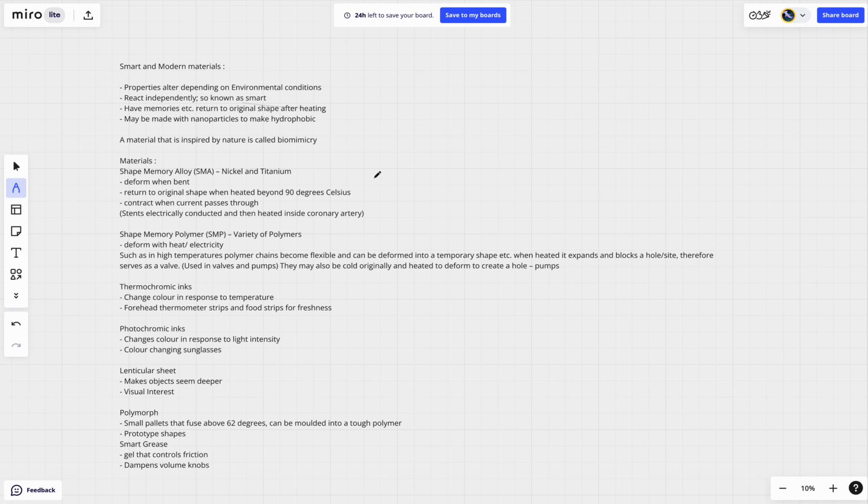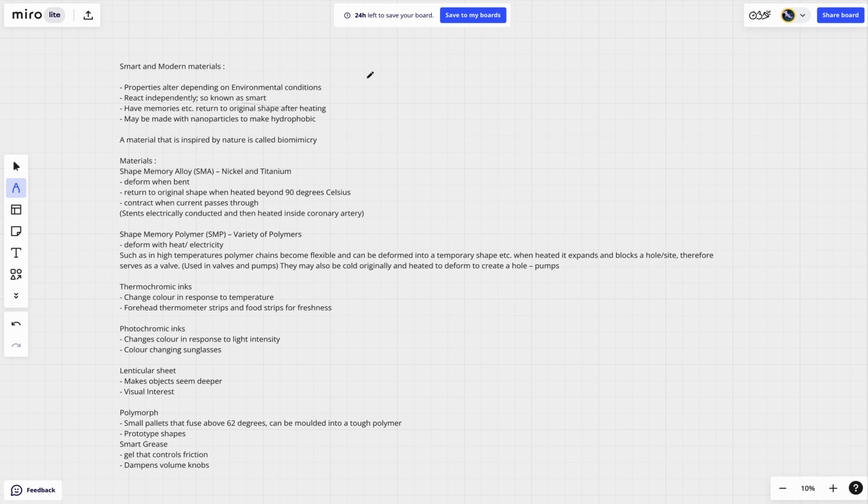And sometimes we take ideas from nature and develop some stuff, such as being able to disguise oneself with camouflage. So that is known as biomimicry.